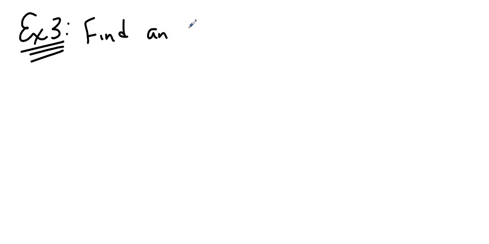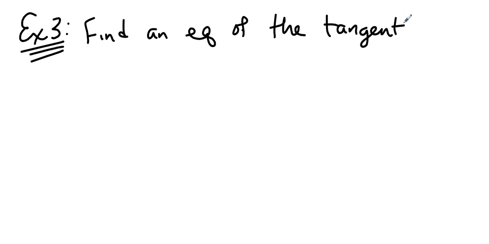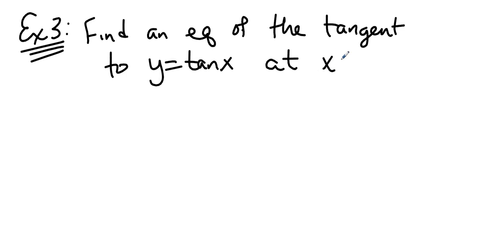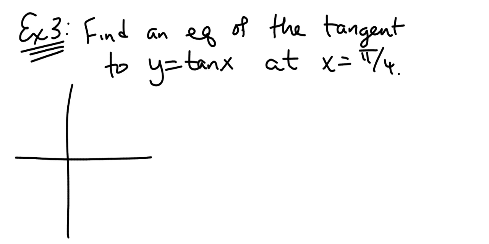So one more example. Find an equation of the tangent to y equals tan x at x equals pi over 4. That's this function. Got your asymptote at pi over 2, got your asymptote at negative pi over 2. Pi over 4 is right about there. There's your tangent line, looking for an equation of that tangent line.